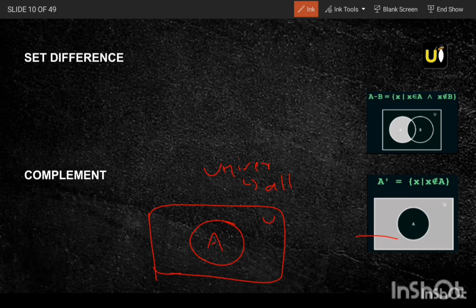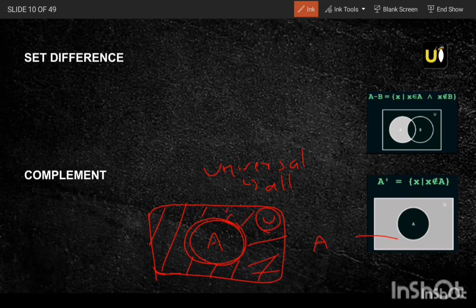So the universal set will contain all these existing sets as its elements. Every set is considered to be a subset of this universal set. Now the shaded area is considered to be the complement of set A.